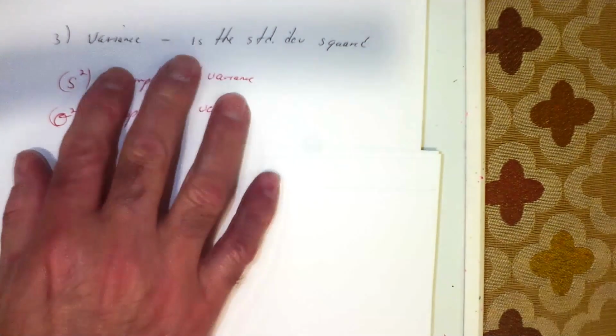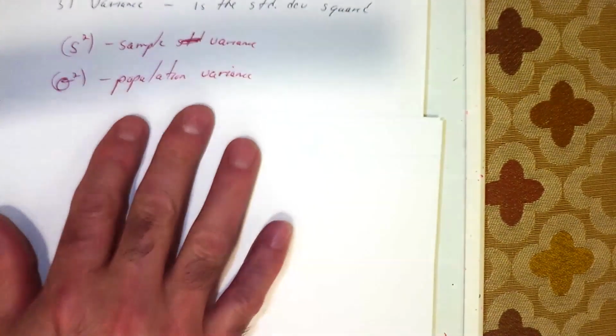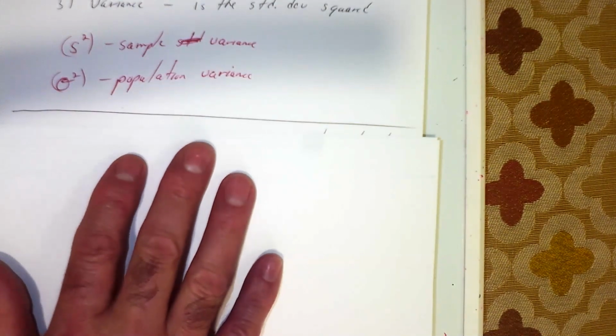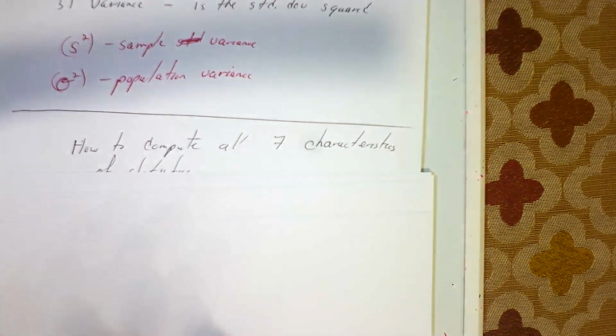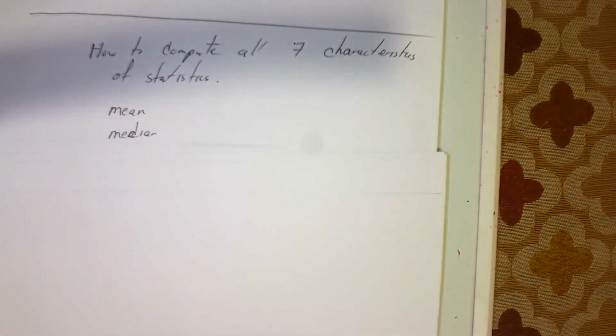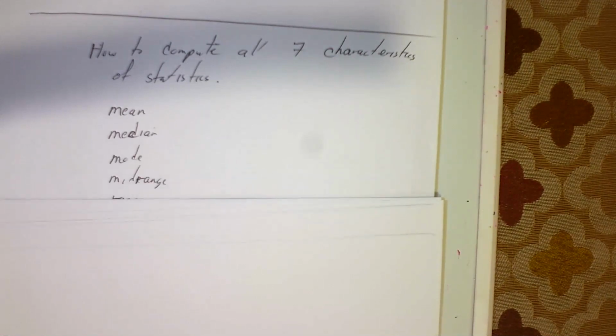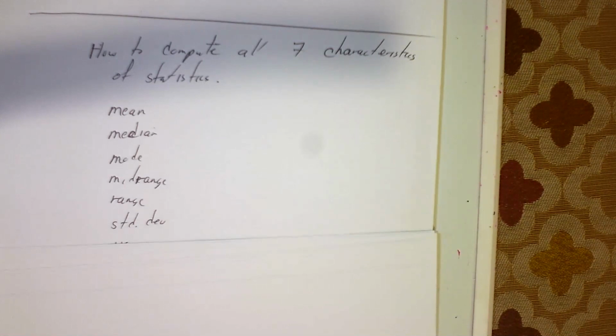Okay. All right, so now we've covered all 7 characteristics of statistics. So how do we compute all of them? I'm going to show you how to compute all 7 of our statistics. What were they? They were the mean, the median, the mode, the mid-range, the range, standard deviation, and variance.